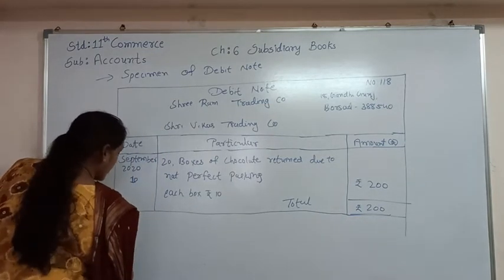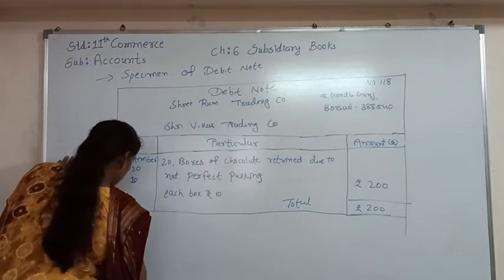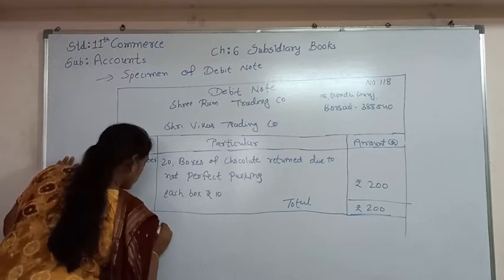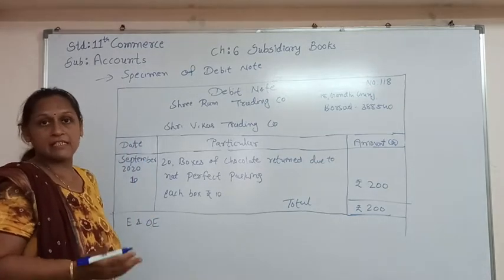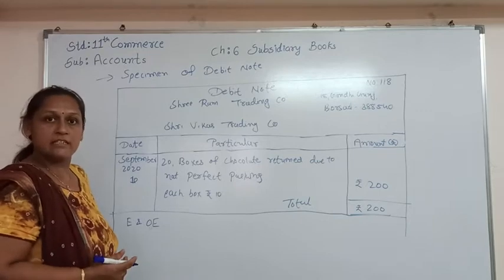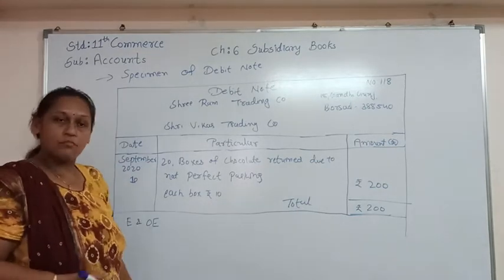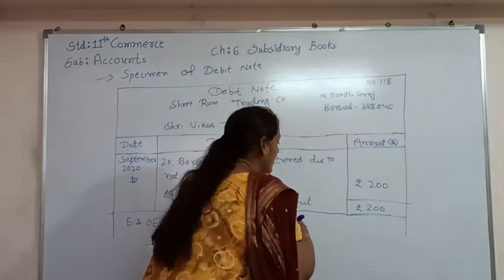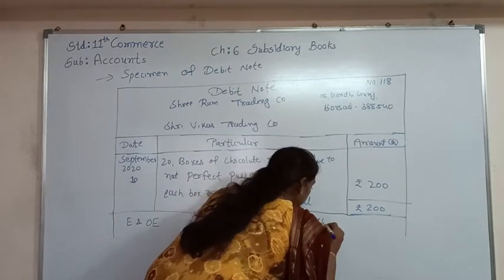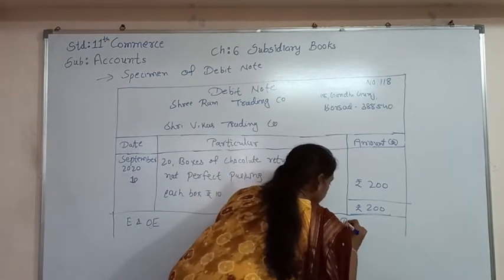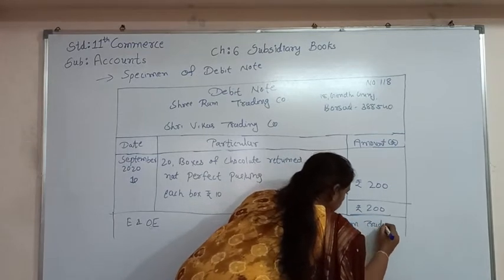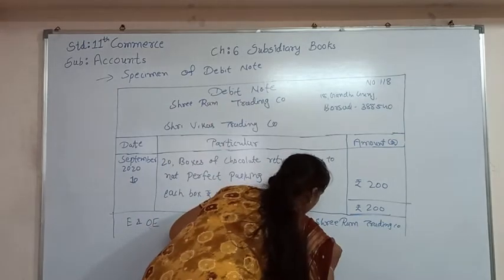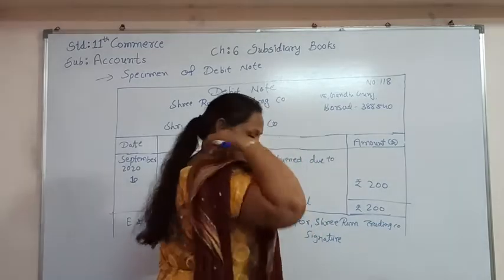And here he can write E and O.E. So if any other mistake is there, that is going to be considered while we give the money. And here Sri Ram Trading Company is going to sign, the signature of the person is going to be here.